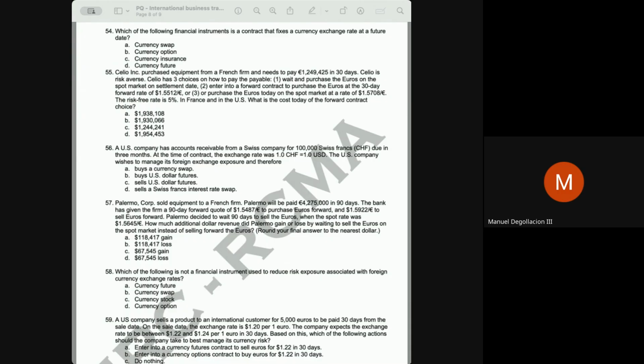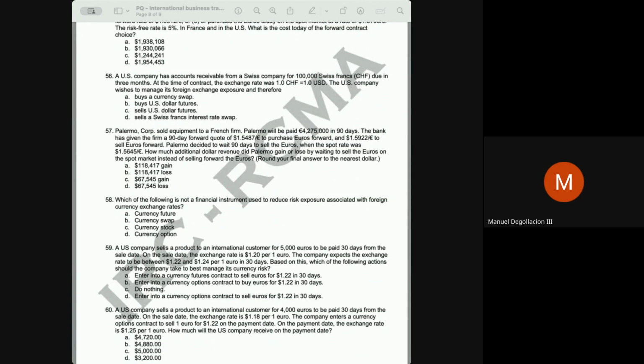So you should enter into a contract wherein you would be selling the Swiss francs in exchange for US dollars. So the answer here would be buy US dollar futures.